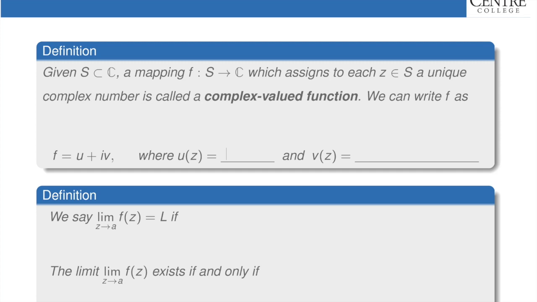And how does that work? Well, u of z is the real part of f of z, and v of z is the imaginary part of f of z. Just like we did with sequences, we can split a function up into the real part and the imaginary part, which means we're going to have two real valued functions.